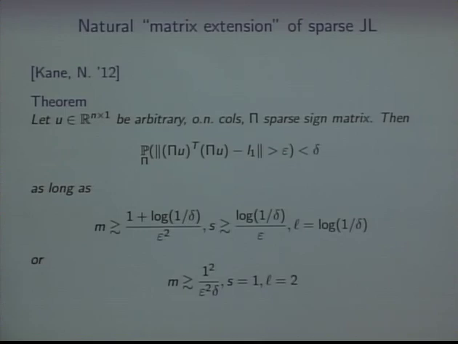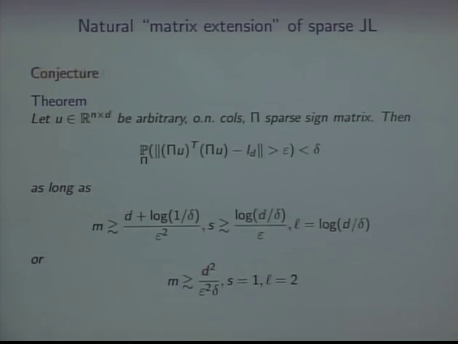Okay, so conjecture: you should be able to have not one column, but d columns. And that should hold as long as m is the following thing and s is the following thing, based on the log d over delta-th moment method. So using this moment, or you should be able to use the second moment and get that.